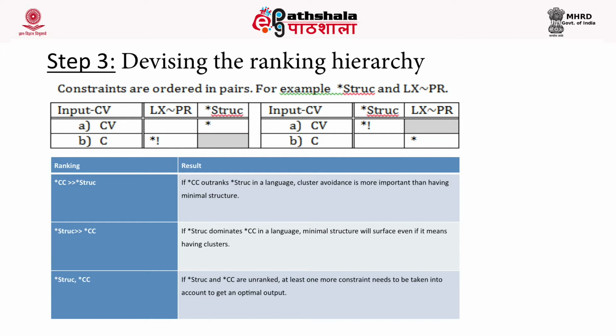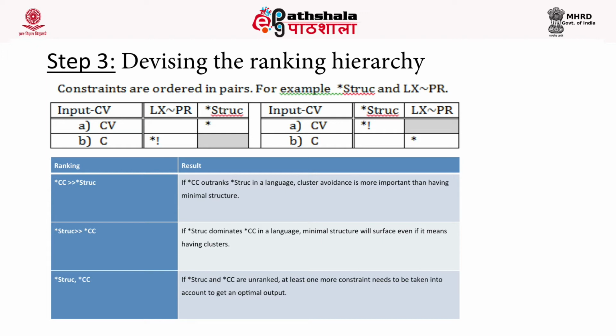Now let us take the other constraint, which was NO CONSONANT CLUSTER. So we are going to take NO CONSONANT CLUSTER and NO STRUCTURE. Now if NO CONSONANT CLUSTER dominates NO STRUCTURE, then cluster avoidance is more important than having a minimal structure.